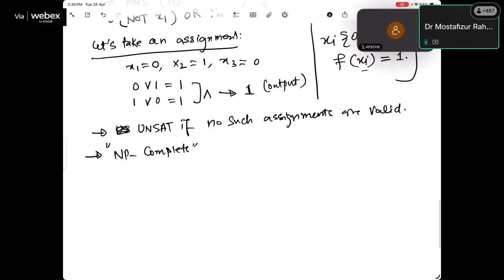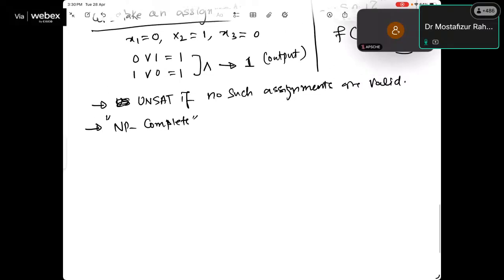That means we can verify whether the solution is correct or not, but designing the solution will take time. So it is as hard as any problem in NP. Typically if we have n inputs, then we have 2 to the power n possible combinations of the inputs, right?